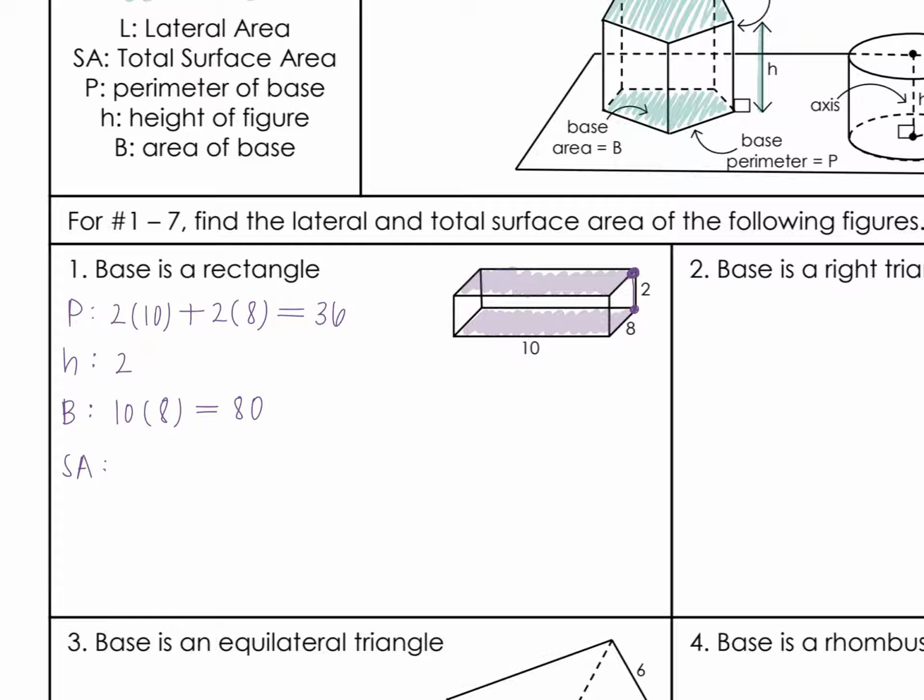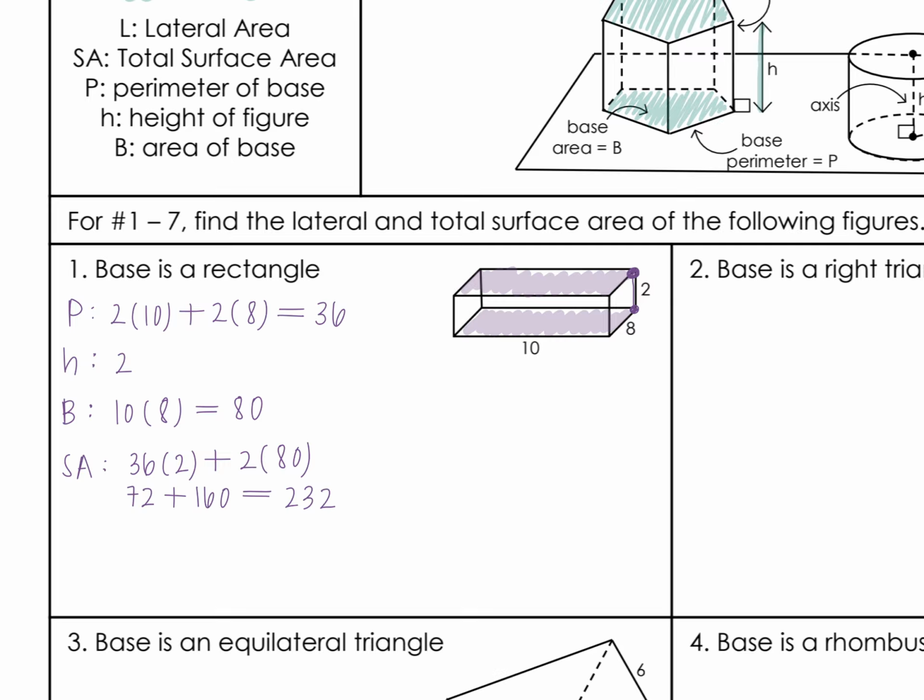Okay, so we're going to have our pH, so 36 times 2, plus 2 times B. Plugging that in, I should get 72 plus 160, which is going to give me 232 for my surface area.